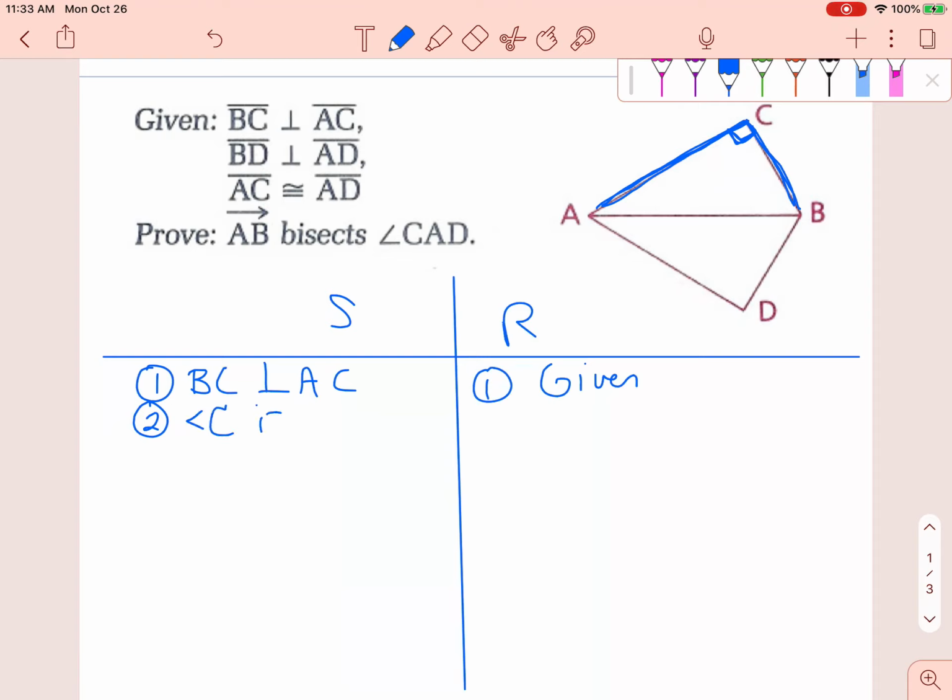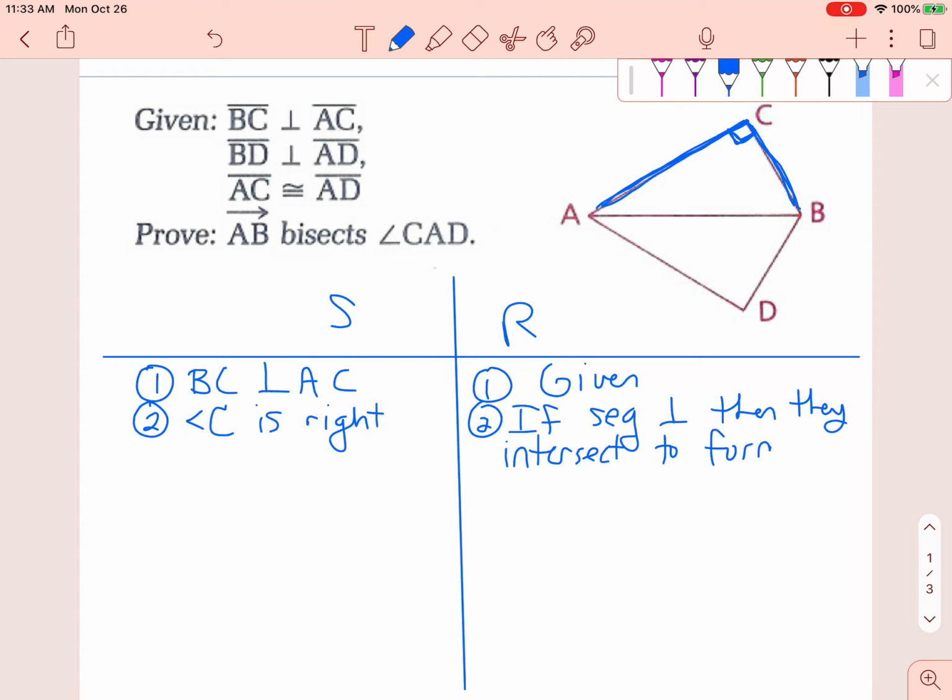Angle C is right. If segments are perpendicular, then they intersect to form right angles.